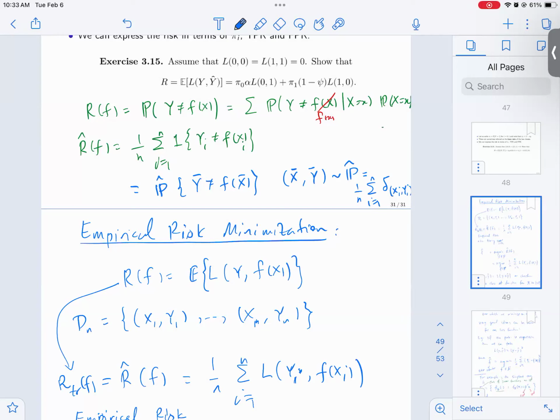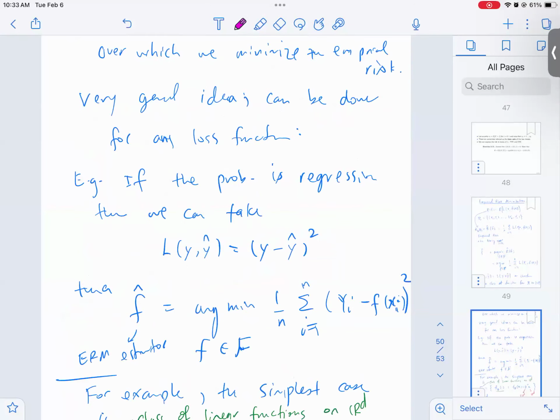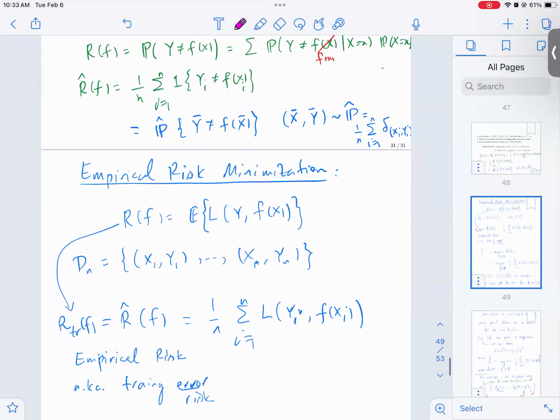Xi, yi is like a probability measure. So let's say in 2 dimensions, this is the x direction and this is the y direction. I have these training data. So let's say x1, y1 is this one point, and then x2, y2 could be here, and then another one could be here.